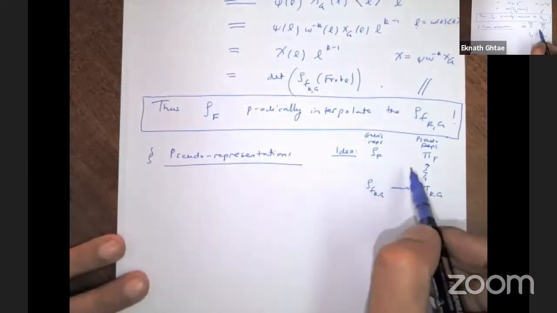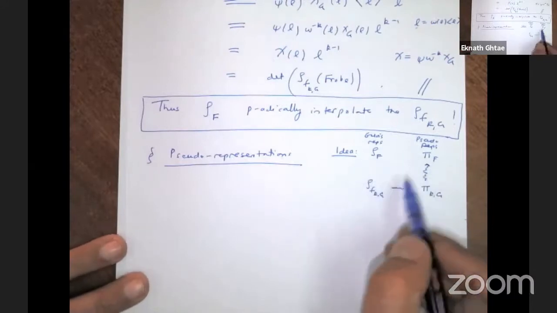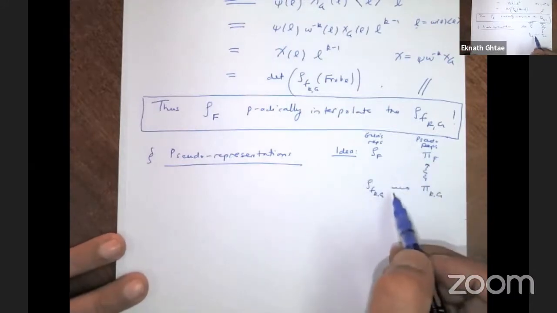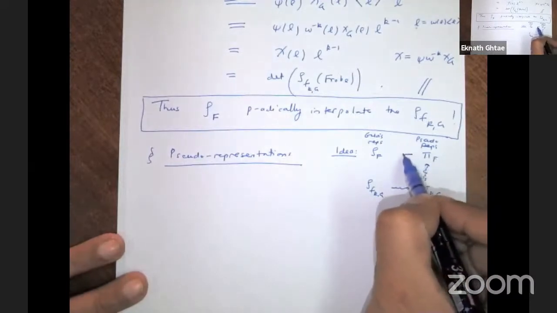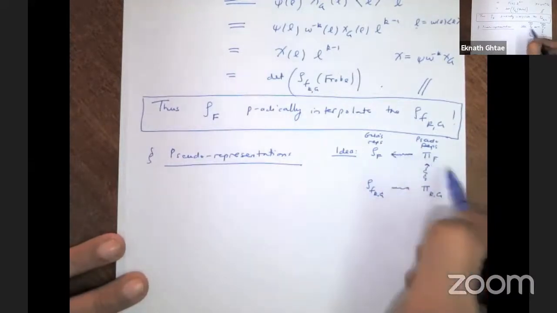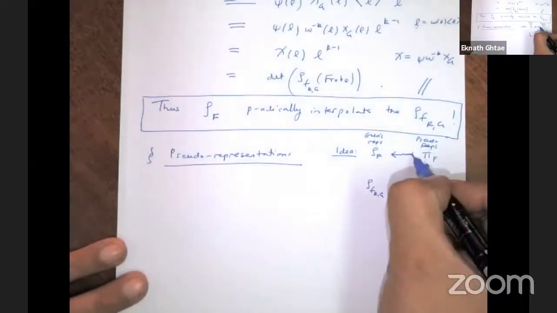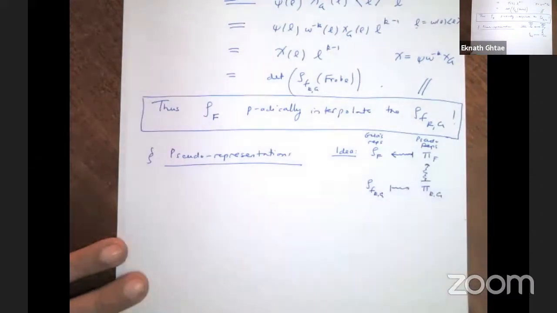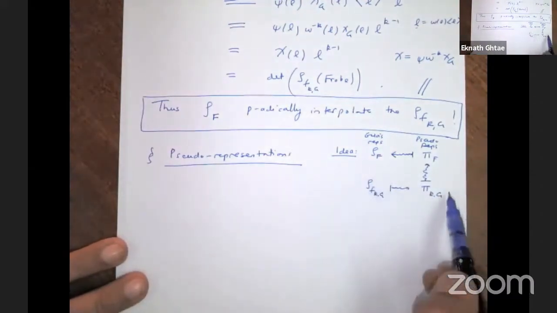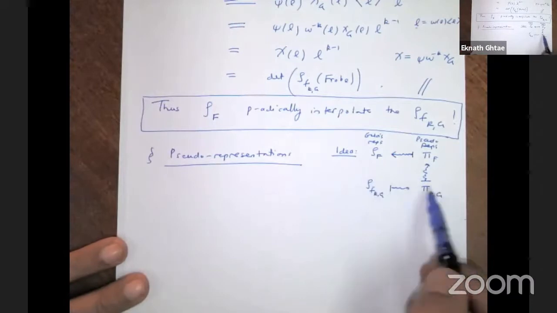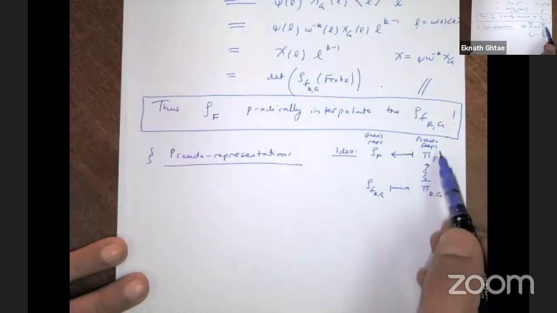And then going in the other direction is not obvious each time, if you're given a pseudo representation, because you've lost information. But it turns out that if you are in the situation we are in, you can actually recover the classical Galois representation from the pseudo representation. Okay, so you have these classical Galois representations, and therefore you have pseudo representations. That's very easy. You patch them together, which I'll explain how to do.